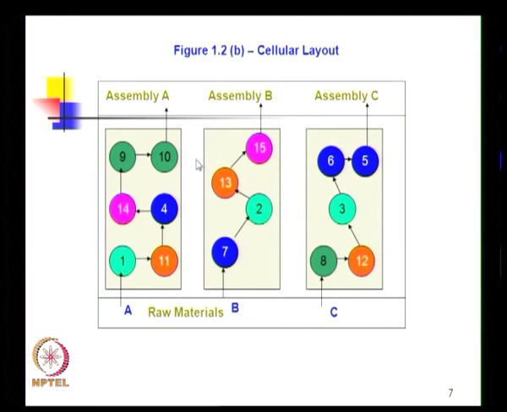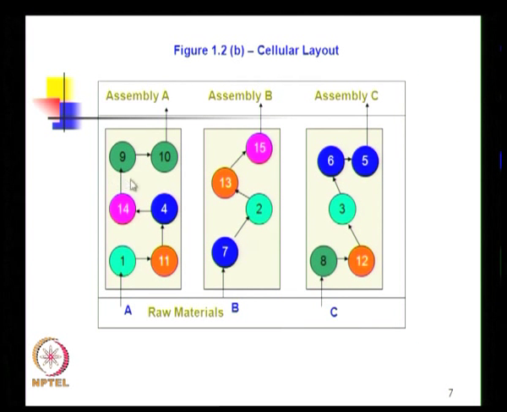Now, what are the other advantages? One could locate A, B and C as distinct entities even far away from each other. For example, if we assume this entire rectangle of the screen as the area available, now our cell A can go here, cell B can go here and cell C can go here.